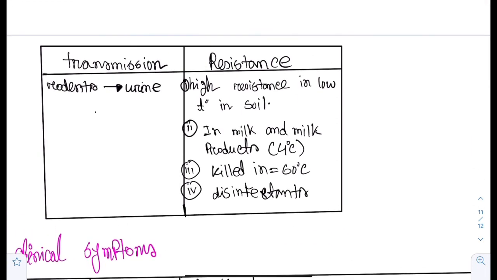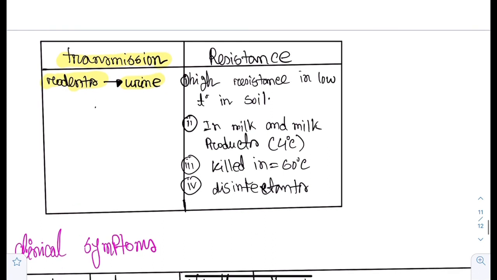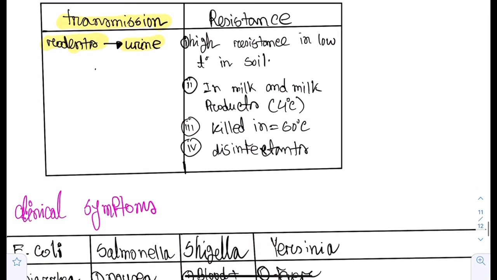Yersinia actually transmits from rodents. It's an animal, and from the urine, if someone is doing adventurous things in the jungle, they are most likely to be affected by Yersinia, because there can be rodents in the jungle, so from the urine, and also they can be found in the soil.